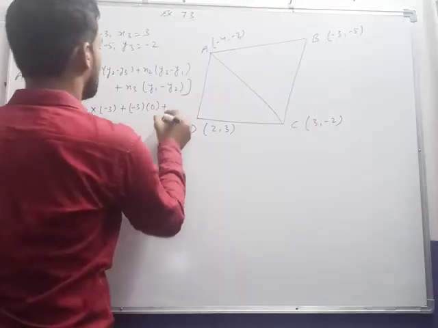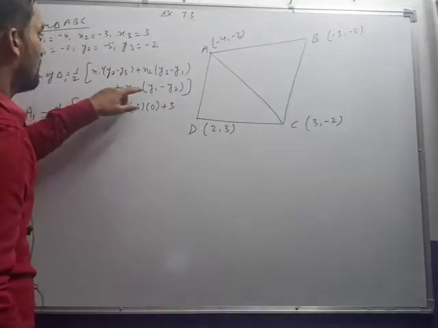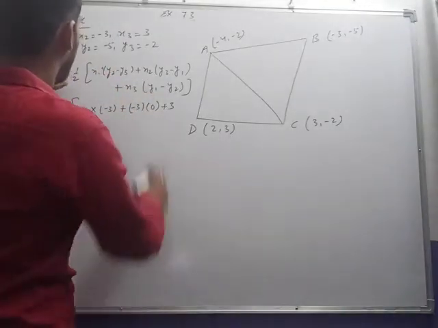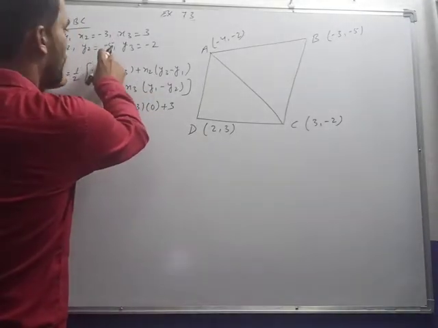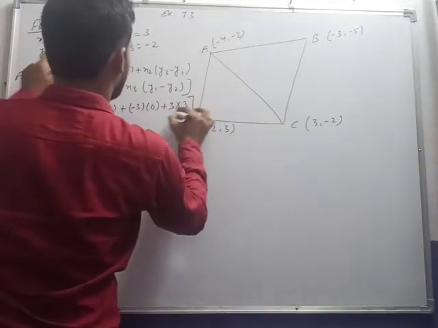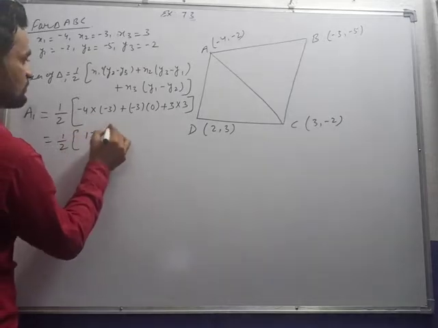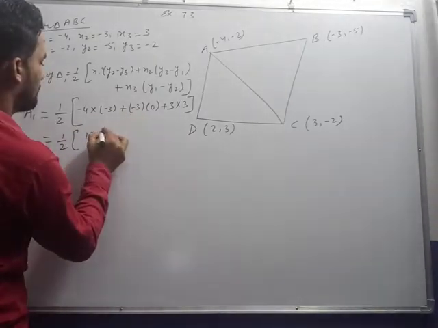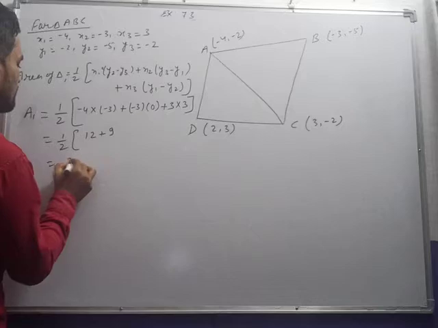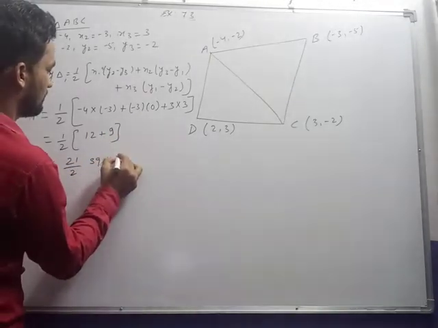Now plus x3, which is 3, times y1 minus y2, minus 2 plus 5, which is 3. So it will be 1 by 2 times (12 plus 0 plus 9), so this will be 21 by 2 square units.